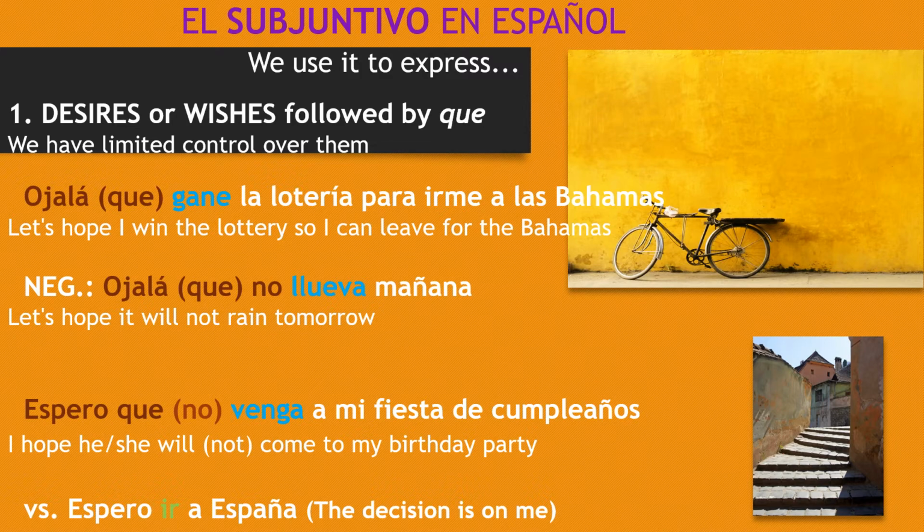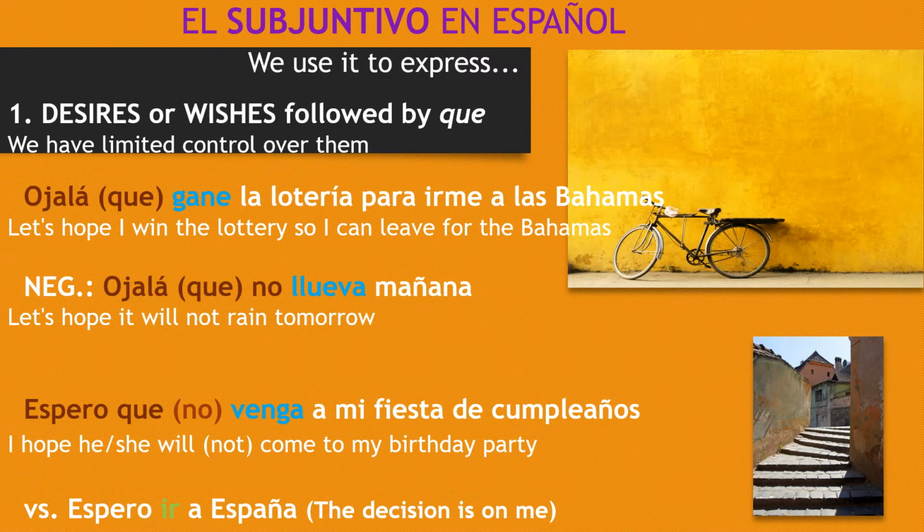Llueve would be your regular rain, to rain, rains in the present tense. Llueva, because it's an ER verb, llover, is telling you that it's the subjunctive. That ending. So let's hope it will not rain tomorrow. Again, it does not depend on me if it rains or not. That's why we use the subjunctive.